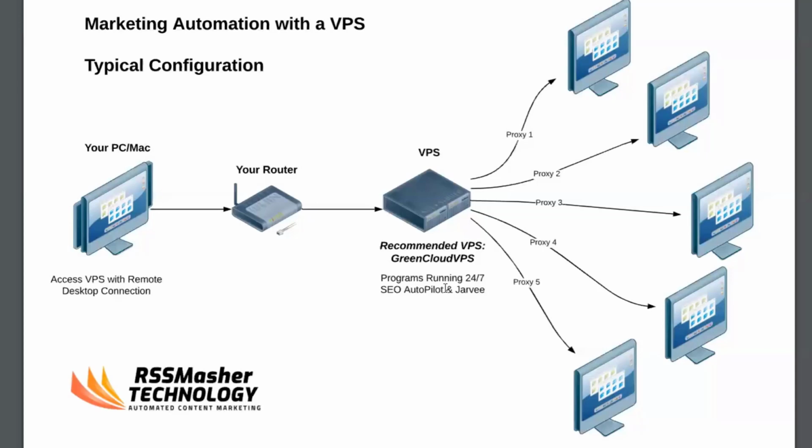Now the power of this is both of these tools use proxies. You can actually use your IP from the VPS, but if for any reason that IP gets flagged or tagged because you have so much action coming out of these, that it basically makes this ineffective.